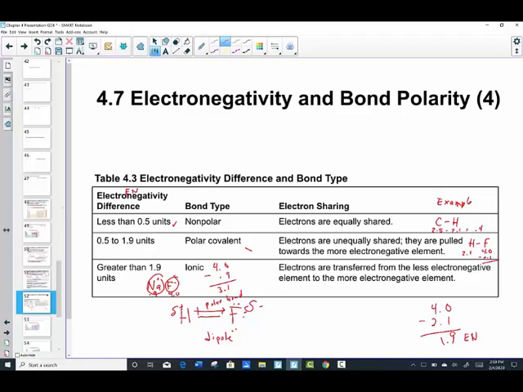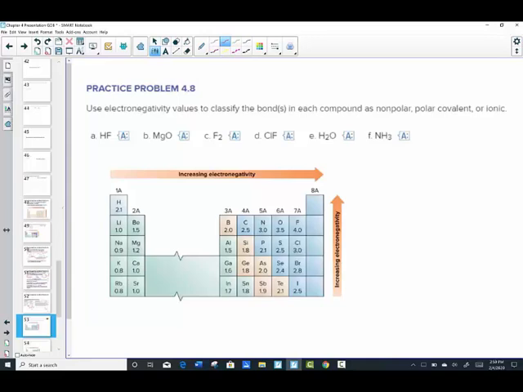So we already suspected it was ionic based on the fact we had a metal with a nonmetal. And again, rely on the trends that we know more so than worrying about memorizing electronegativity values. Using these values, calculate, or rely on trends. Are they nonpolar, polar, or ionic? So let's model HF. We calculated hydrogen with its 2.1, fluorine with its 4.0.